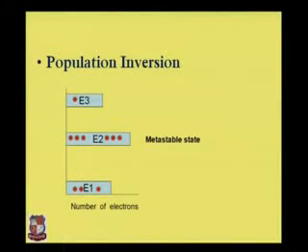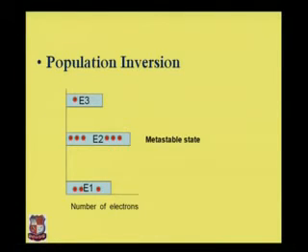In the next slide, you can see that you have more electrons in the metastable state. E1 is the ground state, E2 is the metastable state, and E3 is the excited state.